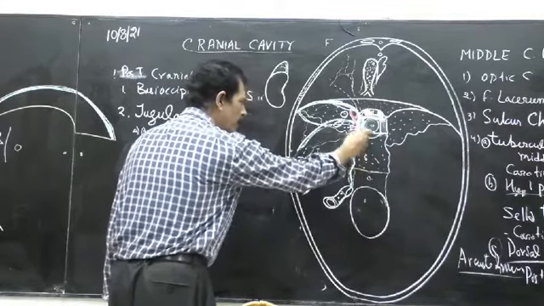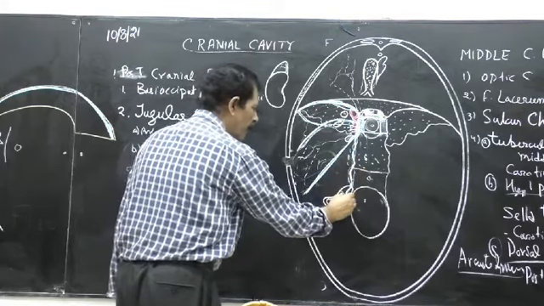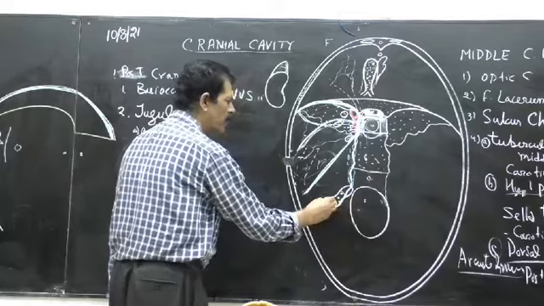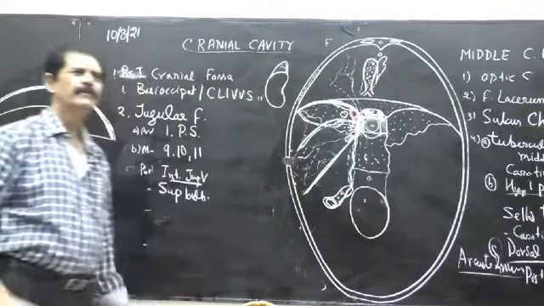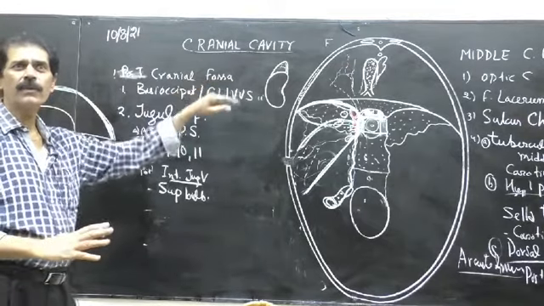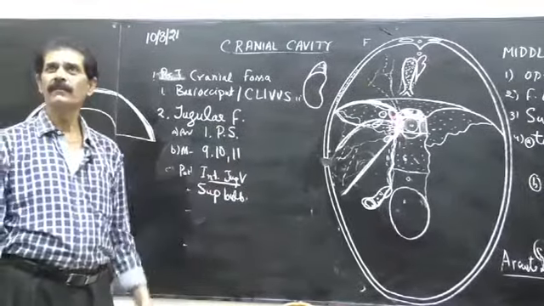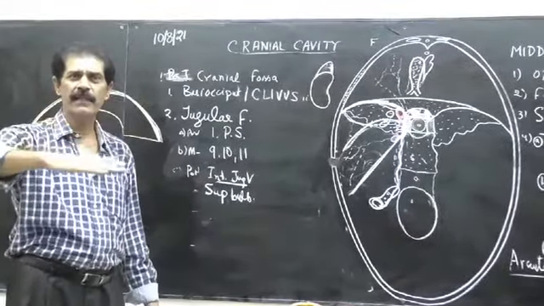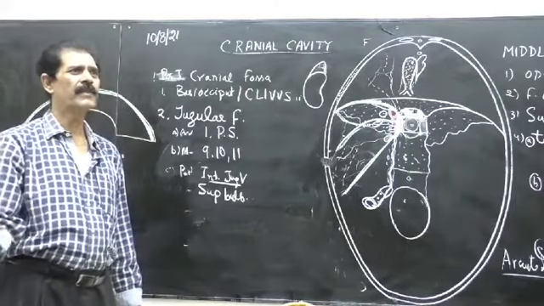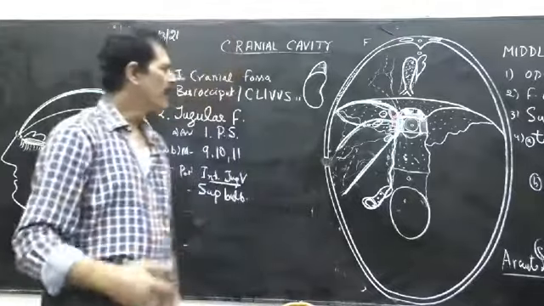The whole of the blood will come through the inferior petrosal sinus, and the whole of the blood from the cavernous sinus will open into the internal jugular vein. It goes out. So see the architecture, how the blood comes from a higher position to a lower one automatically with gravity. Nothing needs to be done, because the cranial fossae are in three steps: anterior is higher, then middle, and the lowest is the posterior. They are stepwise, not at the same level.